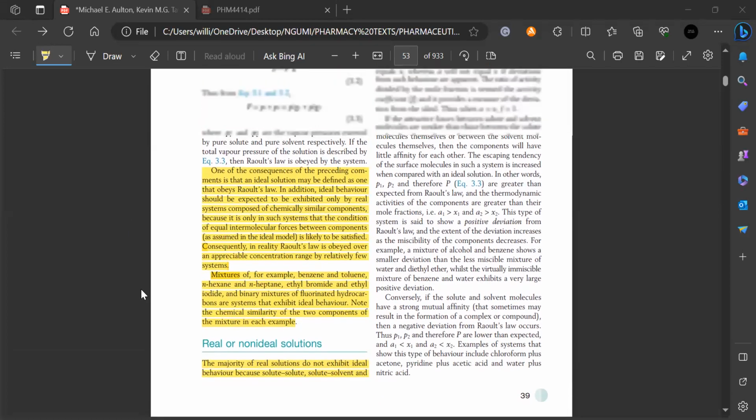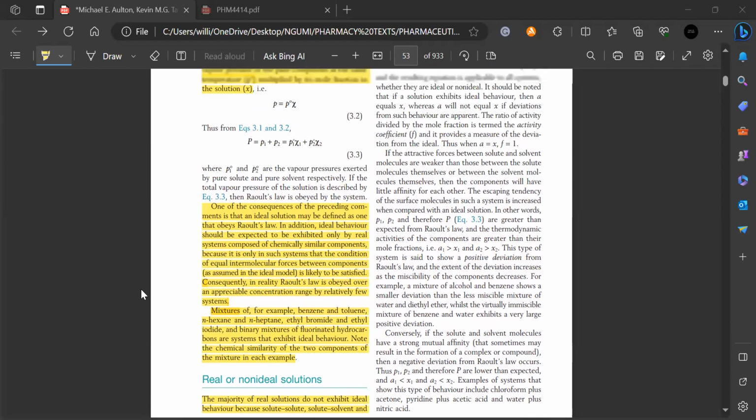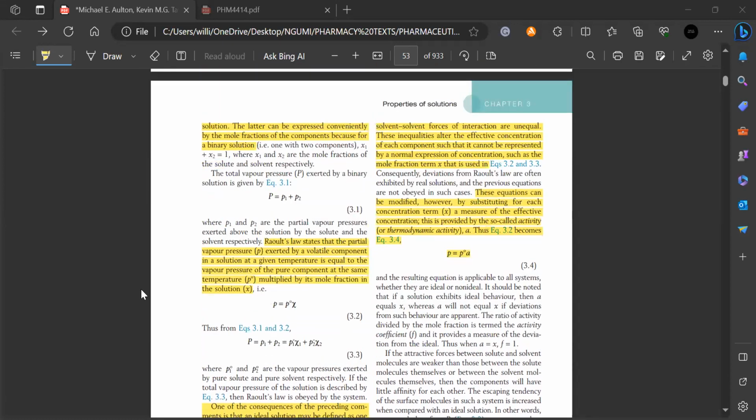So now let's look at the non-ideal. Basically the idea is that in ideal solutions, between the solute and the solvent, or solvent-solvent, or solute-solute, the forces of interaction between them are usually equal. But in non-ideal solutions, the forces of interaction are unequal.